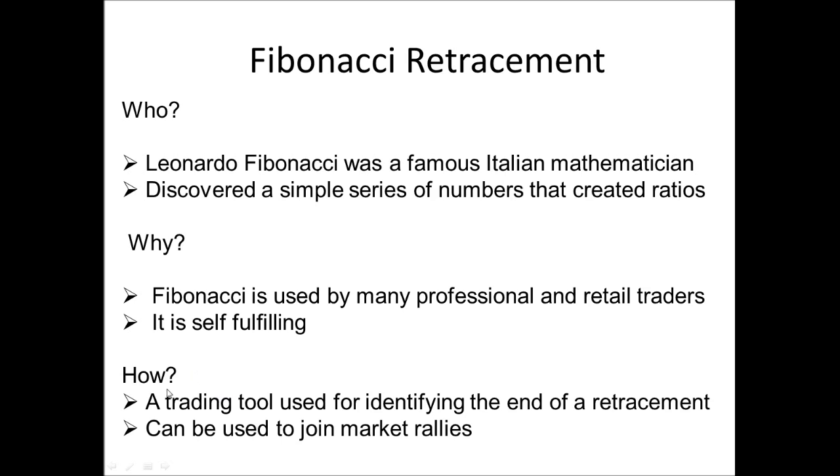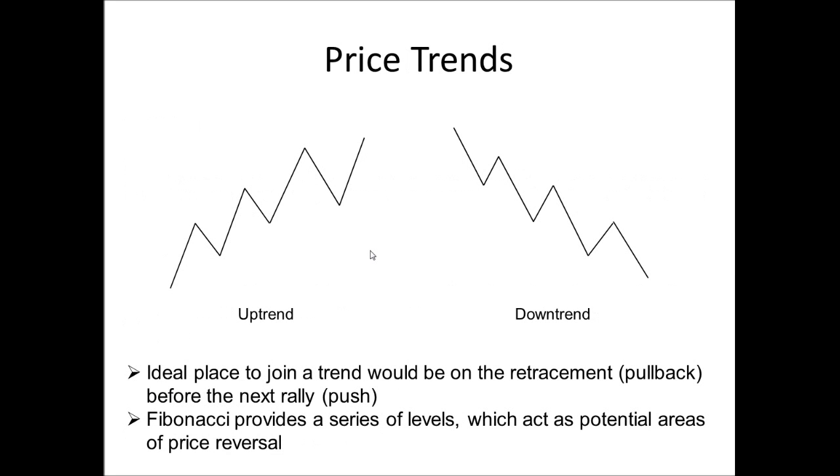How is Fibonacci used? Fibonacci is used as a trading tool to identify the end of a retracement or a pullback in price, and can be used to join market rallies. When price moves in a general upwards direction, price uptrends. When price moves in a general downwards direction, price downtrends.